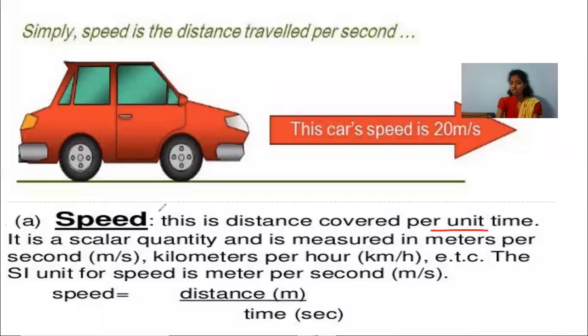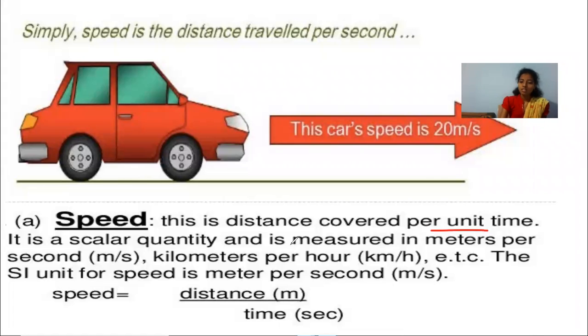We can say simply it is also one of the scalar quantities. Speed is also a scalar quantity because we are taking the speed of the objects as distance covered per unit time. Yes, we are taking the rate of change of distance. That's why we can take this as a scalar quantity.